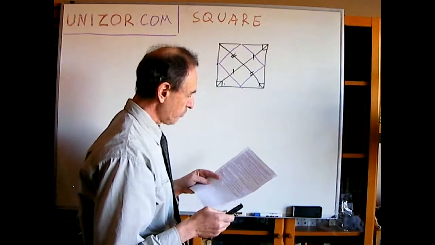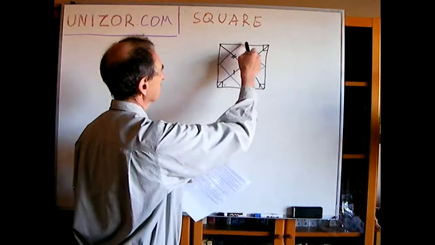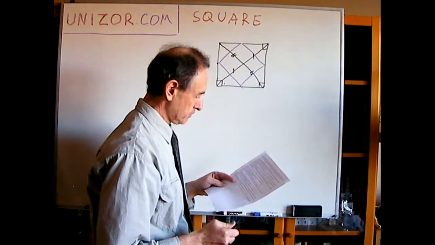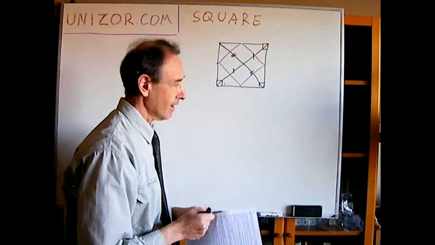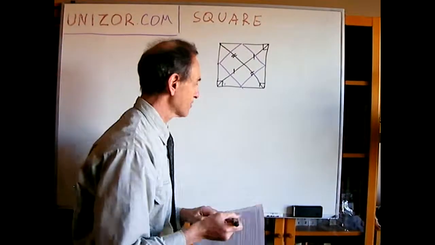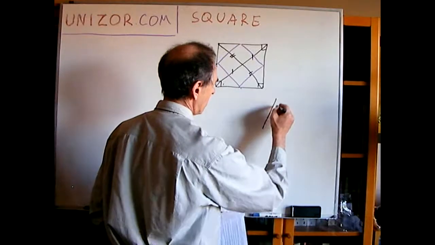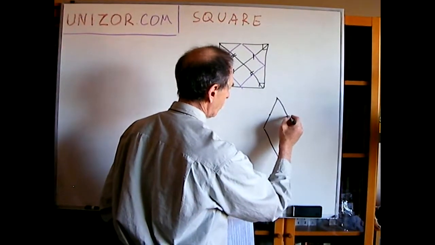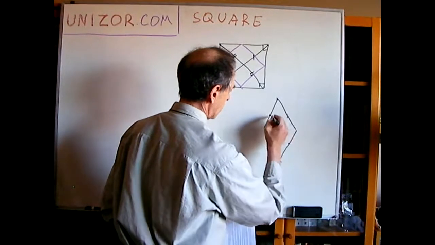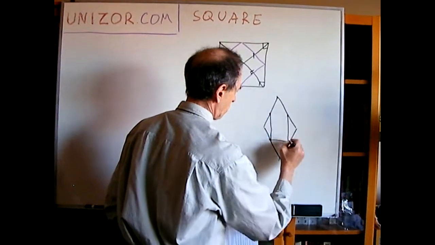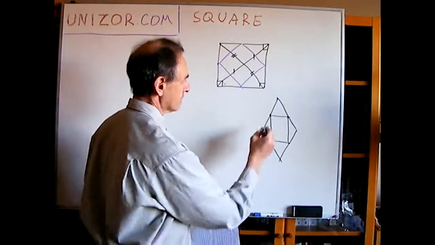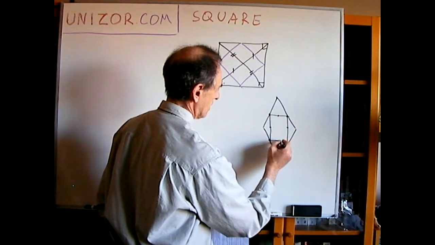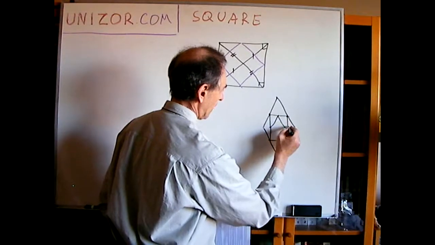Sequentially connected midpoints of the sides of a rectangle form a rhombus. This is a very interesting situation. Let me just remind you. If this is a rhombus and you take the midpoints, you get a rectangle. Now, if this is a rectangle and you take midpoints and connect them, you will have a rhombus.